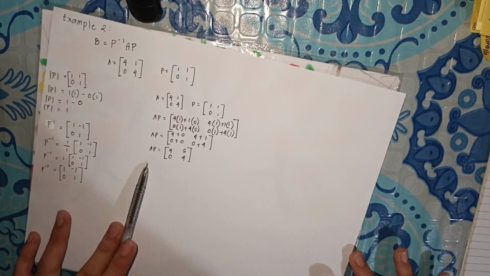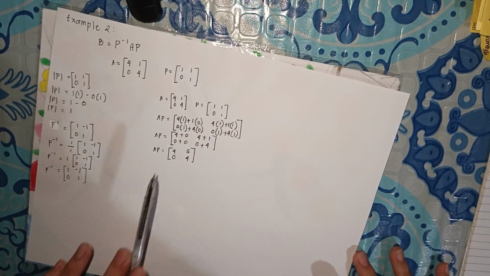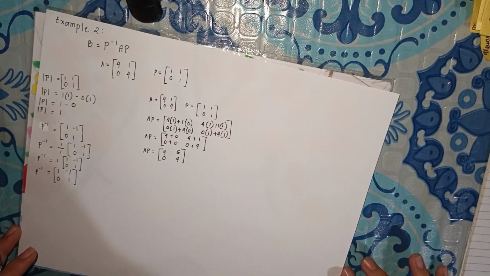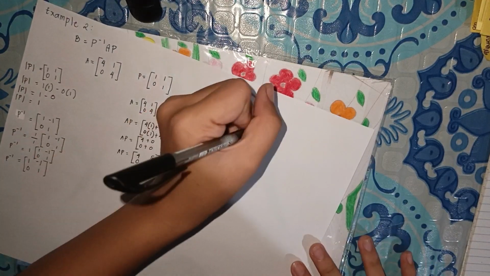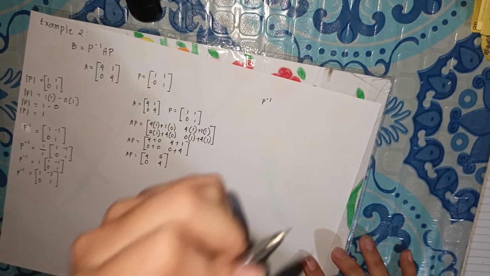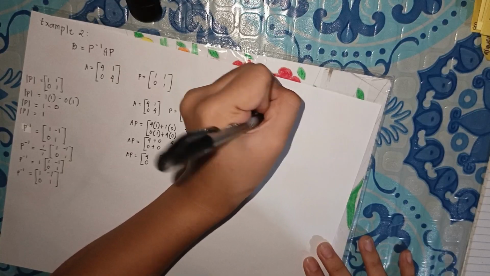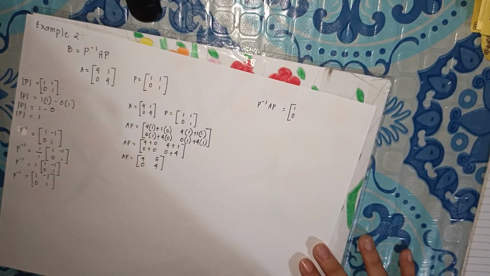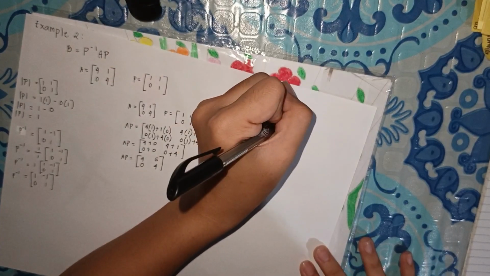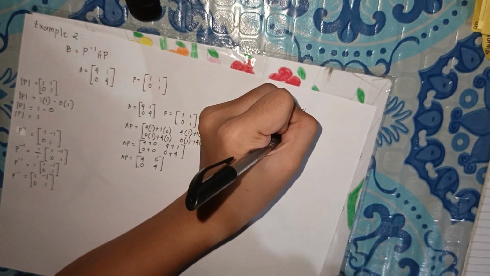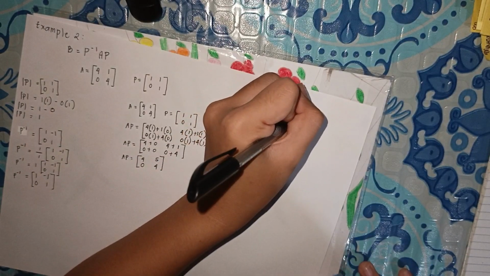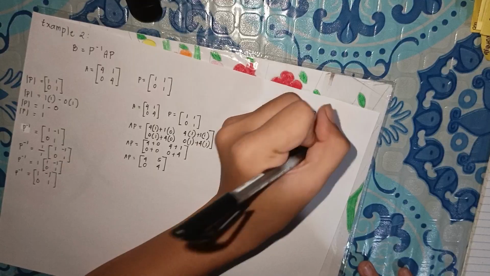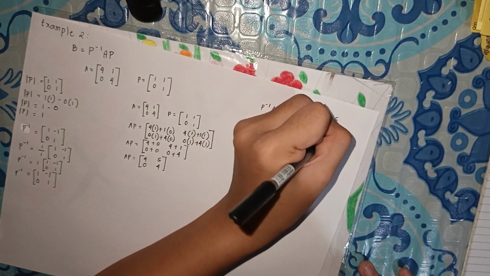After that, we will multiply the inverse P matrix and the AP matrix. So, inverse matrix P times our AP, which is 4, 0, 5, 4.